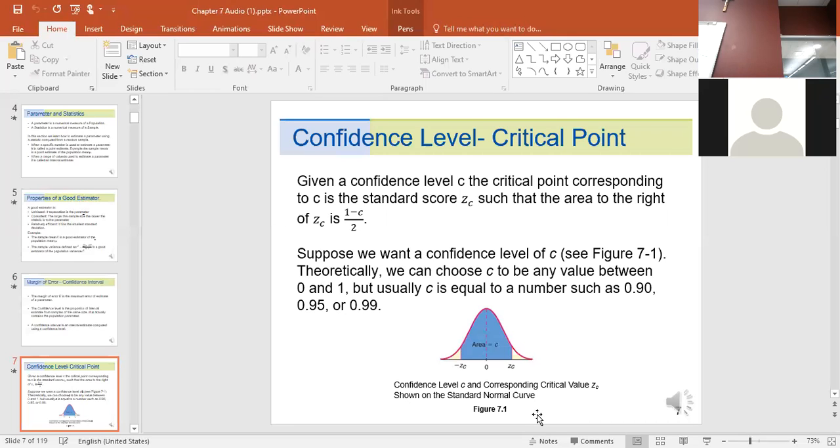So we will say that E is equal to Z alpha over 2 times the standard deviation of the mean, which is Z alpha over 2 times sigma over square root of n. This is the standard deviation for the sample mean.